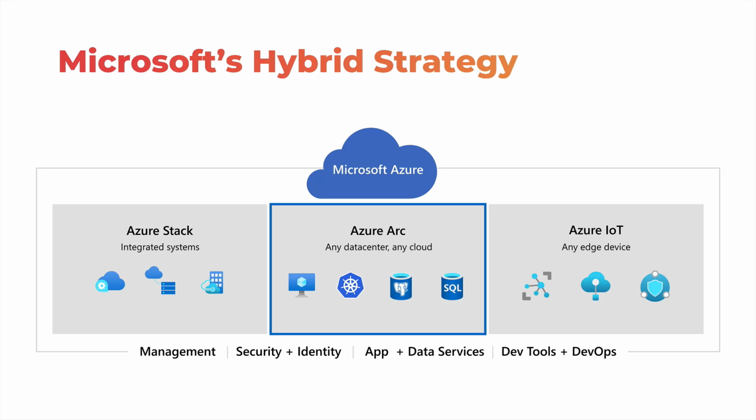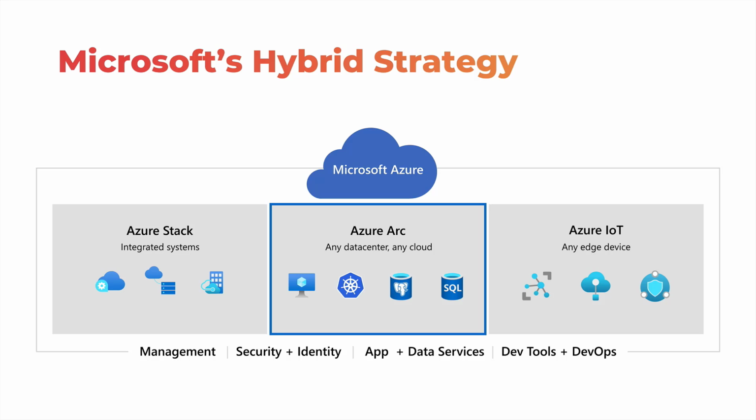On the other extreme end of the spectrum, we have Azure Stack, which is based on hyper-converged infrastructure. By partnering with companies like Lenovo, HP, and IBM, Microsoft is shipping full-blown devices, or rather appliances, that run a slice of Azure cloud within the customer's environment, and that is Azure Stack.